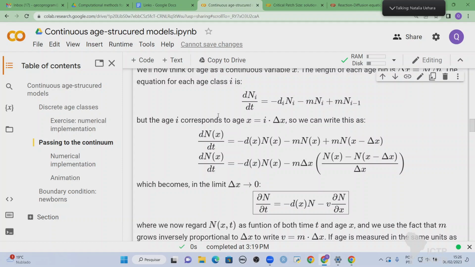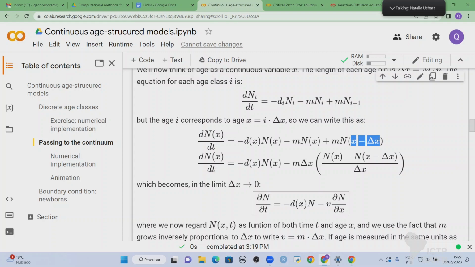And we then write these equations. Maybe I should do this on the board, but I think these are very simple steps. Let's try to do without the board, because we are running late. So you see the differential equation for each age that now I represent as dn/dt of x: the population at age x is going to be minus g, the death rate at age x, times n(x) itself, minus the population n(x) itself, plus m times the population of the previous age class.